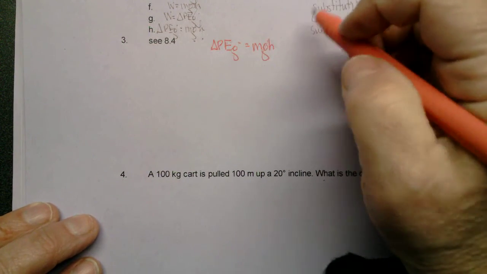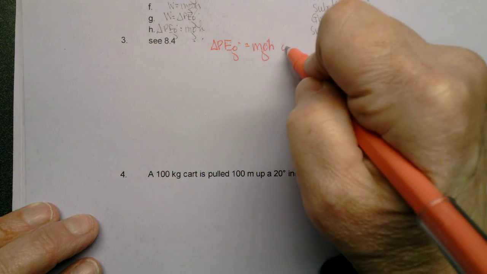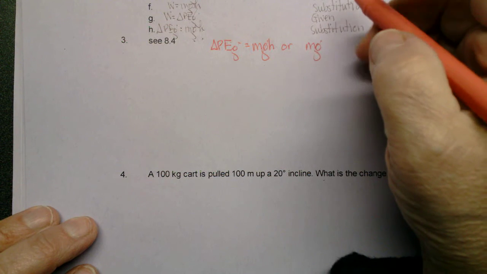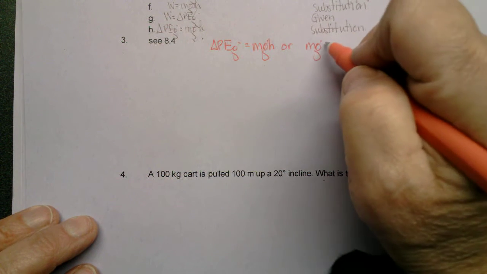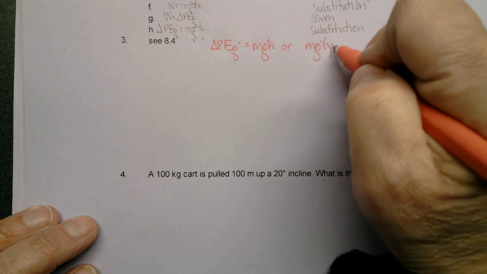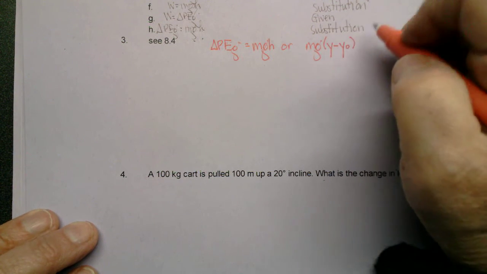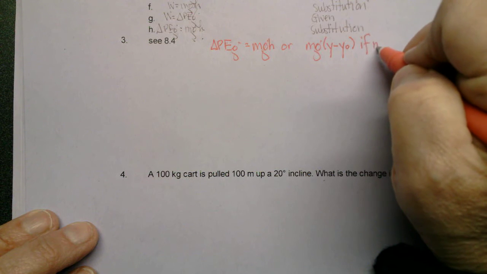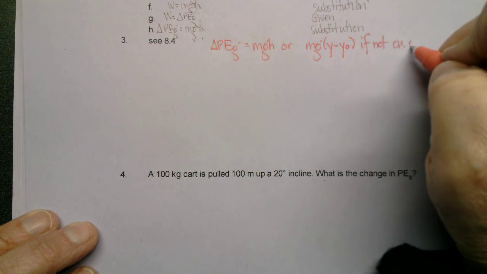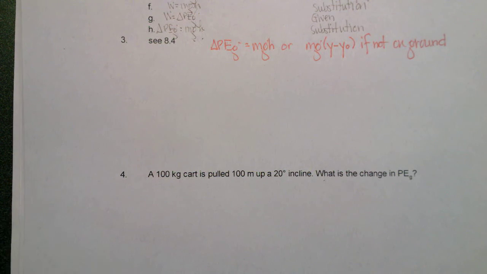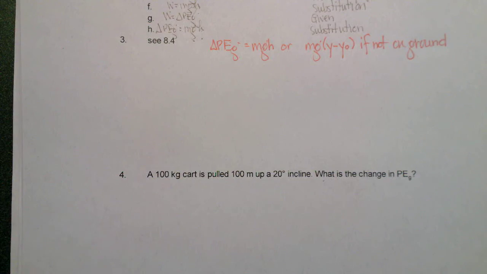But I also want you to see that I could write it as mg, my height is the change in vertical separation. I could also make it y minus y naught if I don't end up on the ground. Typically, they're going to be on the ground, but if they're not on the ground, then you can go ahead and use the y minus y naught.